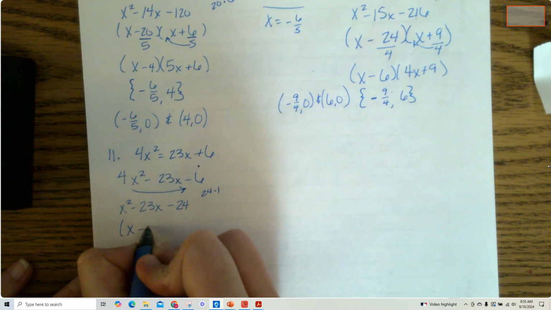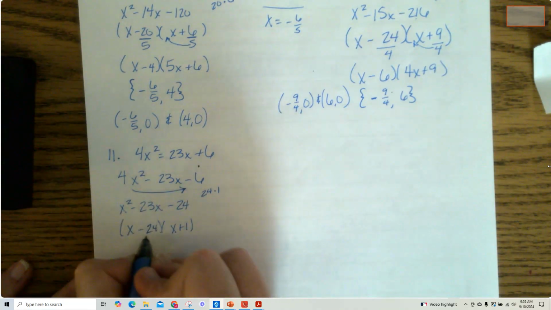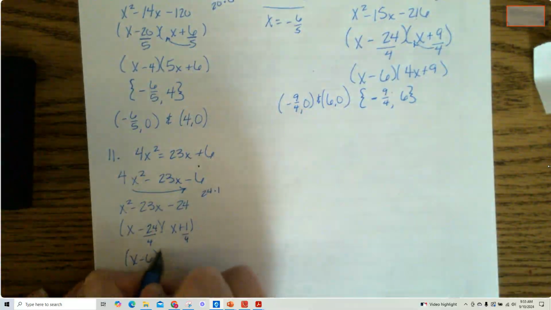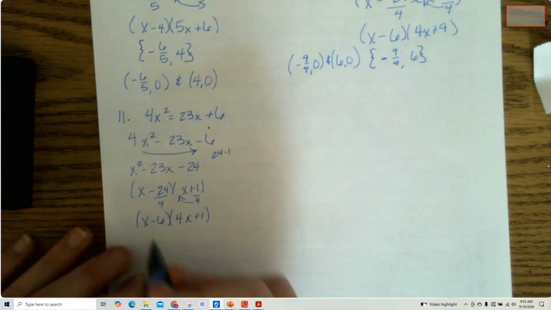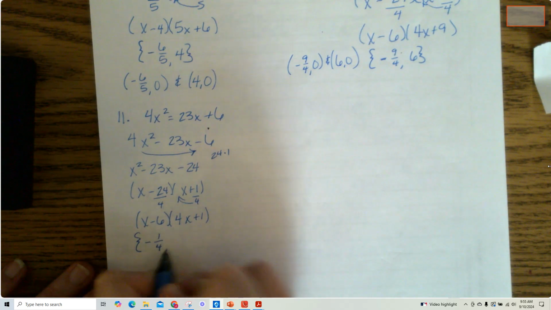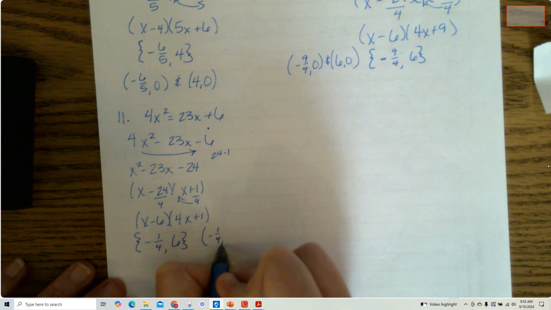So x minus 24, x plus 1. Undo my slip. So x minus 6, and then that one won't simplify. So 4x plus 1. Solution set is going to be negative 1/4 comma positive 6 with intercepts.